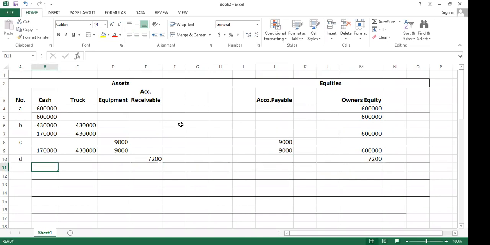Cash 170,000. Truck does not change, 430,000. Equipment does not change, 9,000. Accounts receivable is newly added, 7,200. Accounts payable is 9,000, and owner's equity is 607,200.